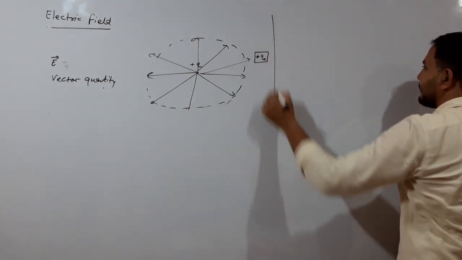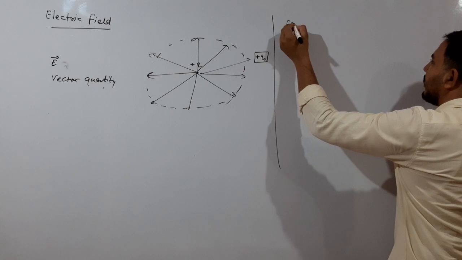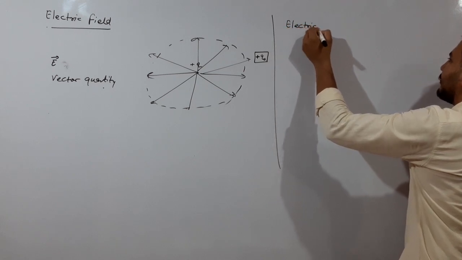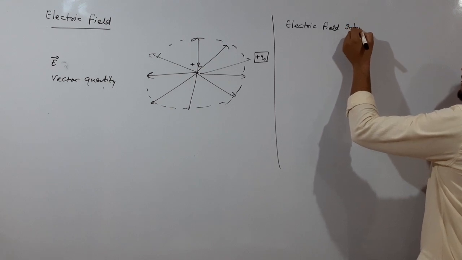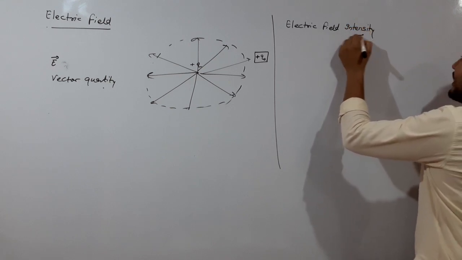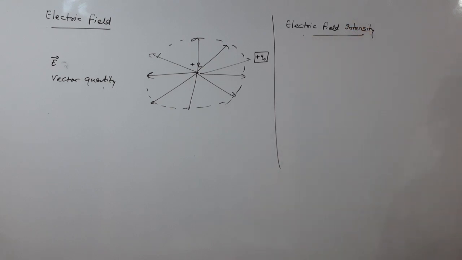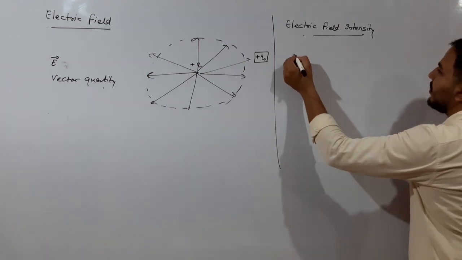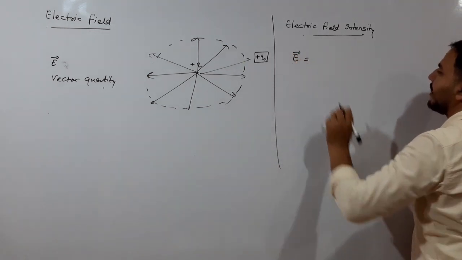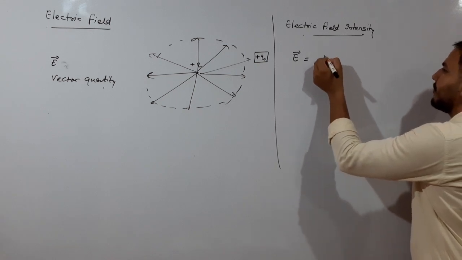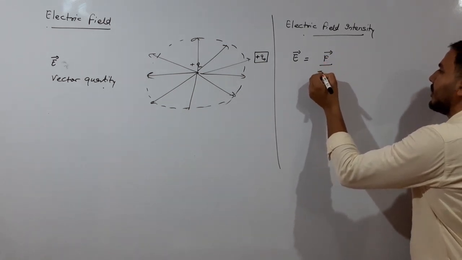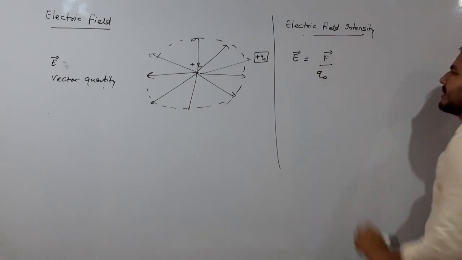Next, electric field intensity. Electric field intensity is also represented by E vector. It is also a vector quantity. Definition: force upon test charge.